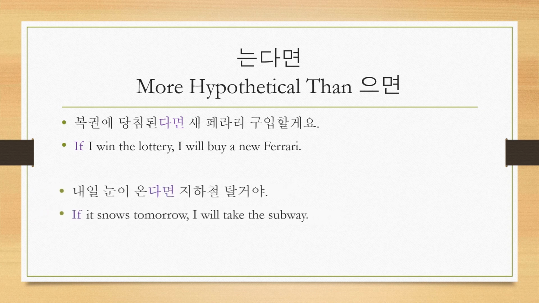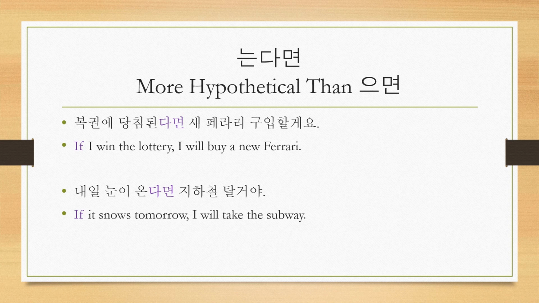And next one, 내일 눈이 온다면 지하철 탈 거야. So if it snows tomorrow, I will take the subway. You've got to remember, it doesn't snow often in Seoul, or even most places. In Busan, it almost never snows. The south coast of Korea is subtropical, so it almost never snows there.